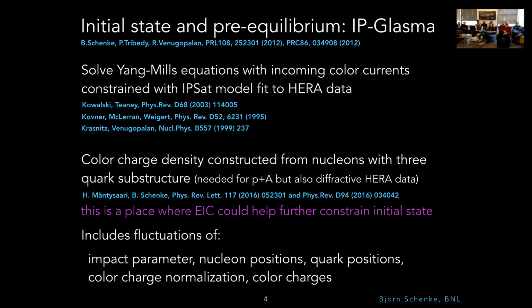Yeah, and so you have the t-dependence of that. But then when you use it in pA, you're probing basically the scale QS, right? Yeah. So it's not very high. The question is whether it matters there or not. Right? You're not probing the same scale. This is really unknown.